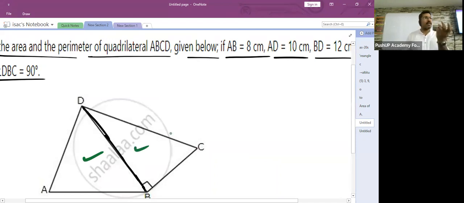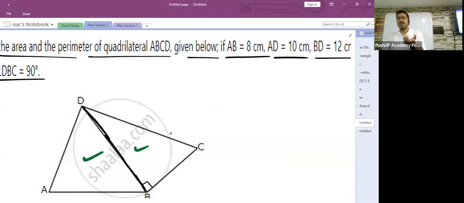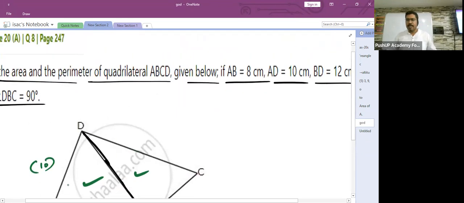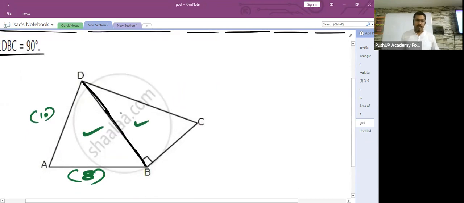Now let's read the dimensions given to us and try to label them on the figure. AB is equal to 8. AD is equal to 10. BD is equal to 12.